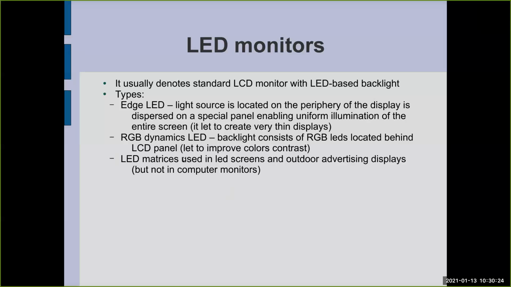In this meaning, the true LED monitors are, for example, telebeams or outdoor advertisement displays.